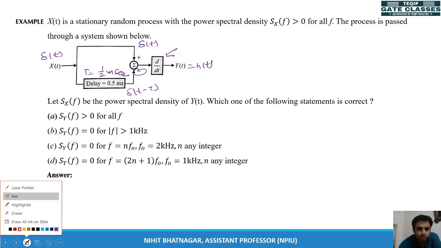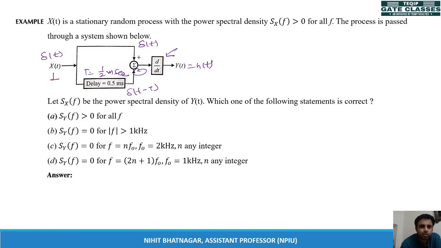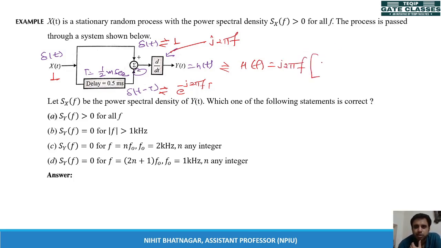In the form of Fourier transform, δ(t) has Fourier transform equal to 1, and the shifted term has Fourier transform e to the power minus j2πfT. The derivative's Fourier transform is j2πf, so H(f) becomes j2πf times (1 plus e to the power minus j2πfT).